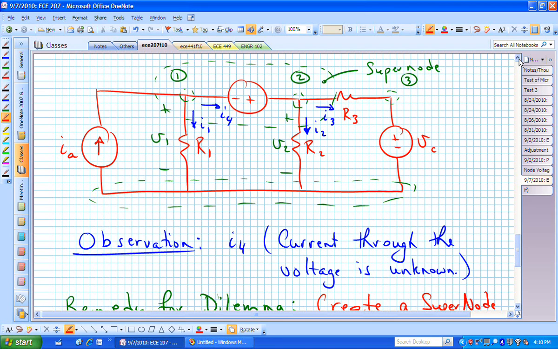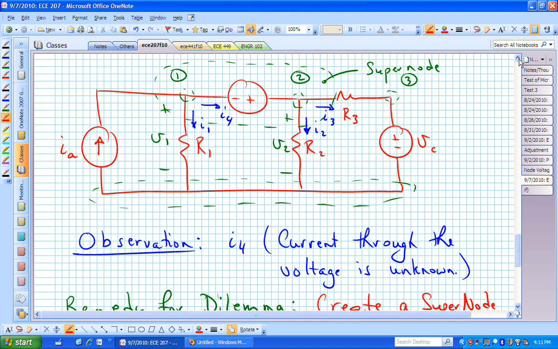Question, Professor. Yes? If you were to point I3 into the supernode, would it be V sub C minus V? So the question was, if I had relabeled I sub 3 and made it go from right to left, what would my formula be? Well, then I would have to say I sub A plus this I sub 3 hat, those are both coming in, equal I1 plus I2. Is that clear?